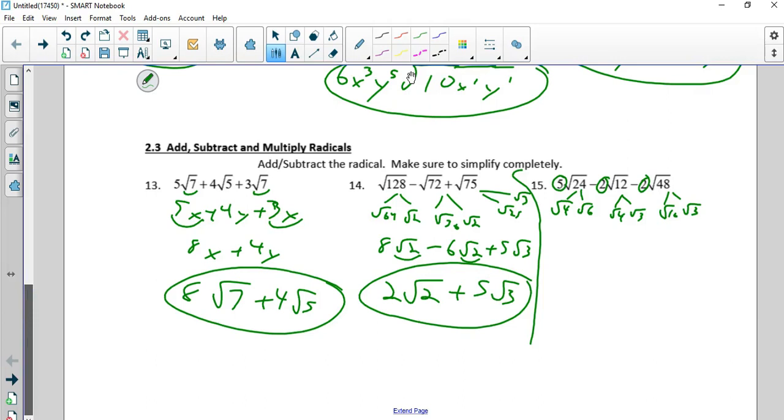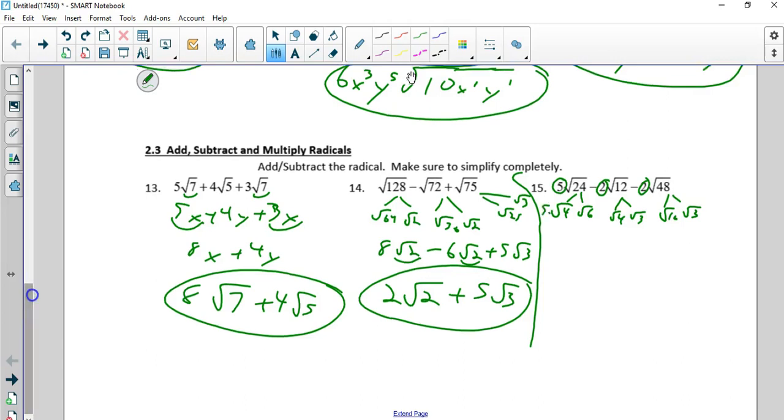So, square root of 4, 2. But don't forget the 5 out here. You want to write it. 5 times 2 is 10, radical 6. Square root of 4 is 2, but don't forget this. So that's going to be minus 4. 2 times 2 is 4, radical 3. Minus, square root of 16 is 4, times this 2, 8, radical 3.